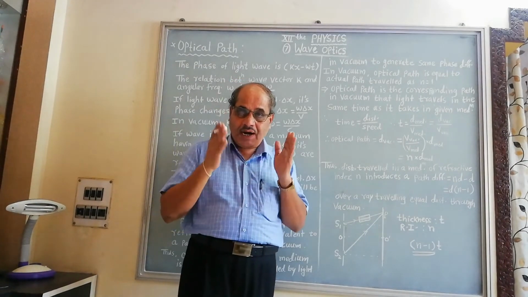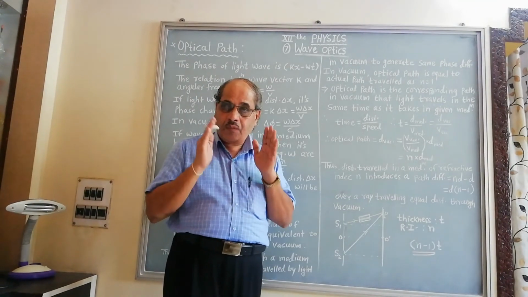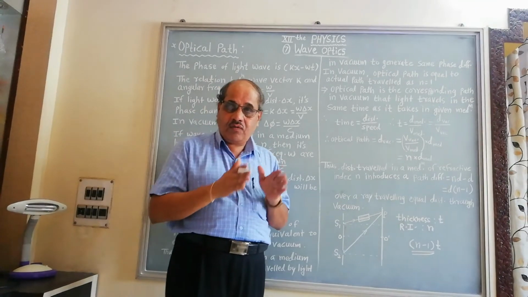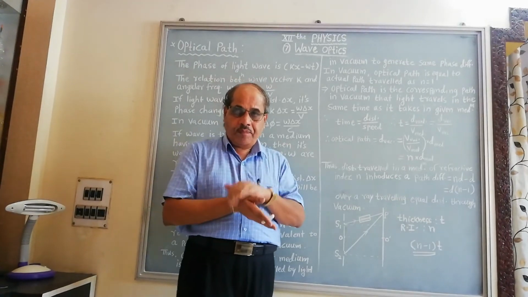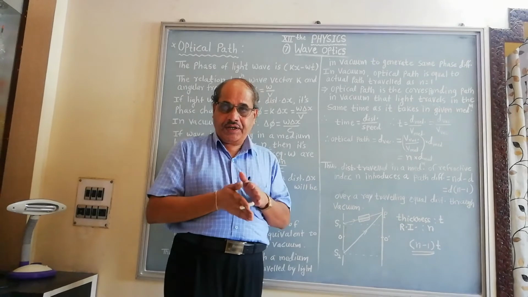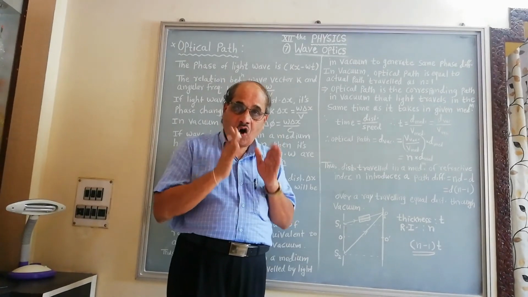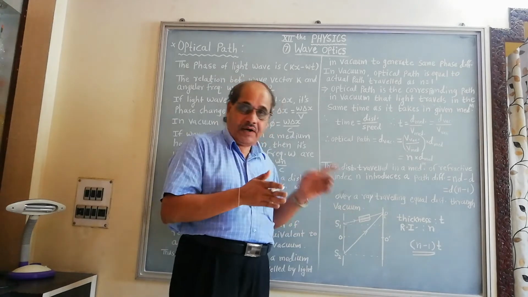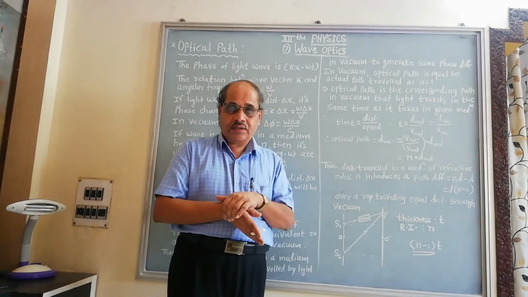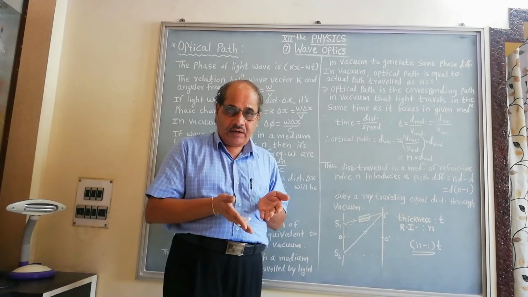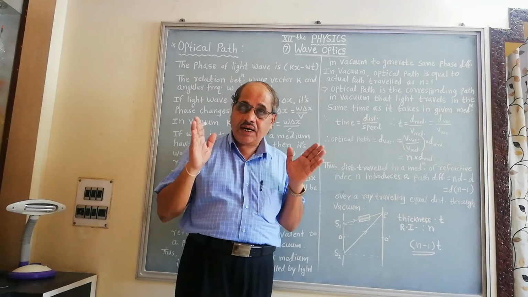Therefore, the path lengths will be equal at a point different from O dash, and so the bright fringe will not occur at point O dash, but at a different point where the two optical path lengths are equal.